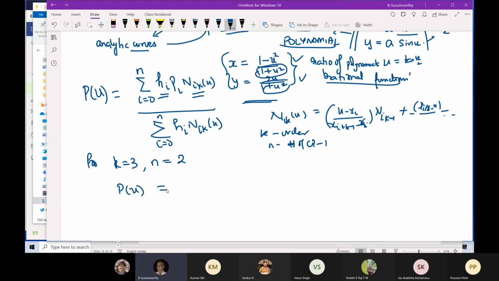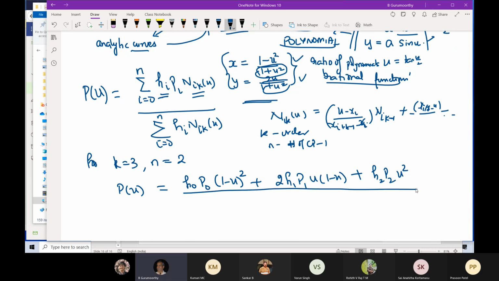I can write this as p of u equals h_0 p_0 into (1 minus u) whole square plus 2 h_1 p_1 u into (1 minus u) plus h_2 p_2 u square, whole divided by h_0 into (1 minus u) whole square plus 2 h_1 u into (1 minus u) plus h_2 into u square. All I have done is, just for this specific case, evaluated the basis functions and stuck them here. That's all I have done. Okay, nothing else.